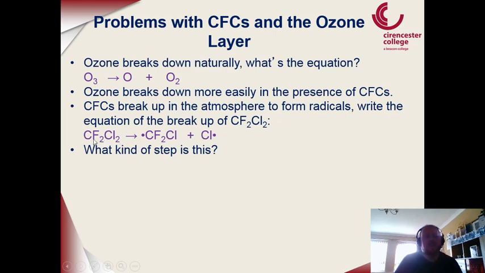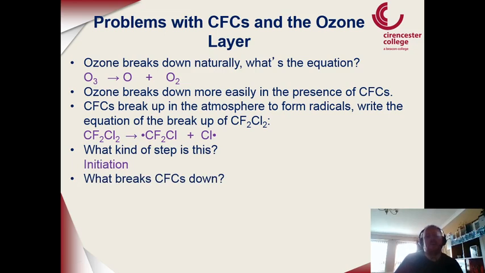What kind of step is it? We're going from a non-radical species to two radical species. What step would that be? What I'm hoping you say is initiation. We're going from no radicals to radicals, so therefore it's initiation. It is starting the radical reaction.